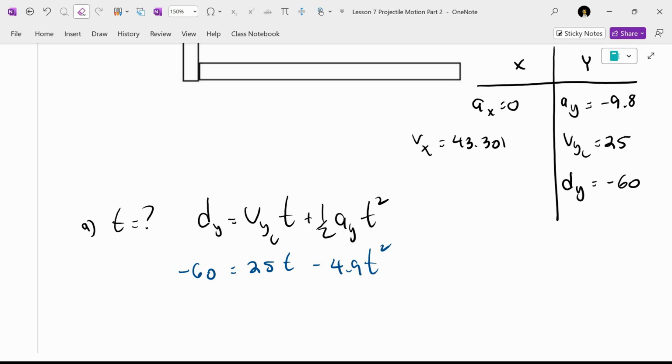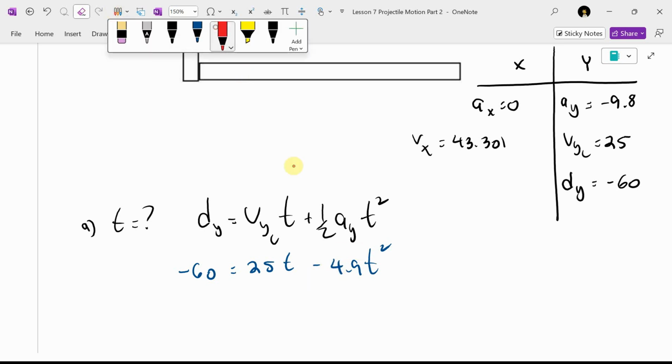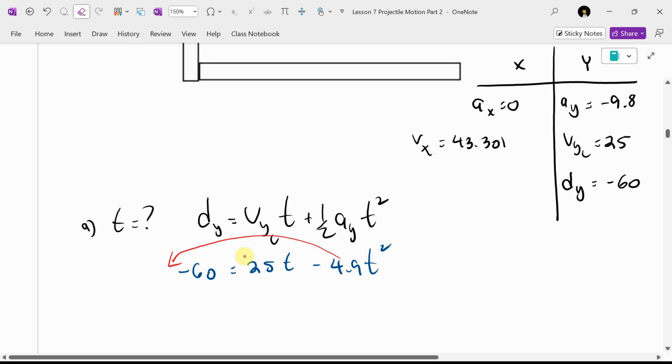What was step 0 to solving a quadratic? Make it equal to 0. That's why I called it step 0. The least amount of work would be to plus the 60 over, but I know I make more dumb mistakes when the quadratic term is negative, so I'm actually going to plus the 4.9t squared over, and I'm going to minus the 25t over.